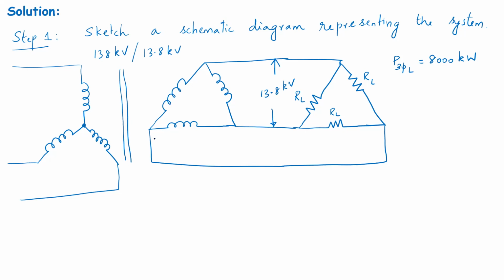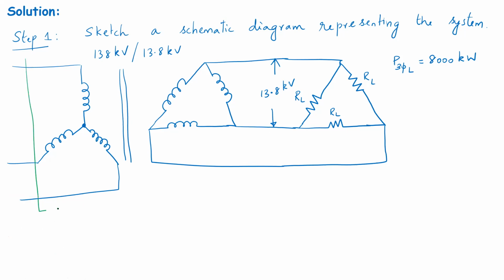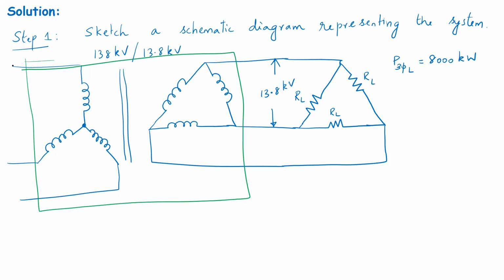Okay, that is what the problem statement asks. So this is the first step. We will always sketch the schematic. The transformer is placed inside an enclosure. So only these points that are outside of the green box are accessible.